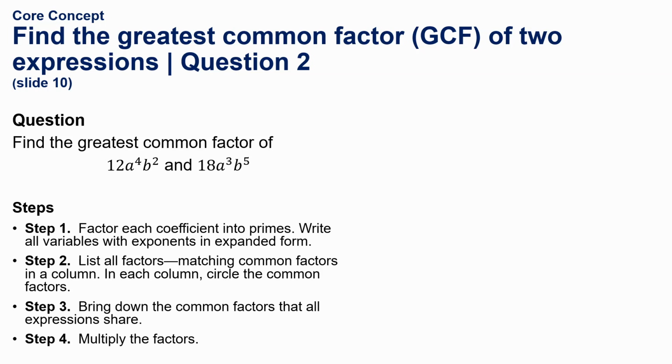Let's now go to question number 2. So we have 12a to the 4th power and b to the 2nd power, and 18a to the 3rd power and b to the 5th power. We're going to factor each coefficient into primes and write all variables with exponents in expanded form. So first off, you can factor 12 and 18 using prime factorization.